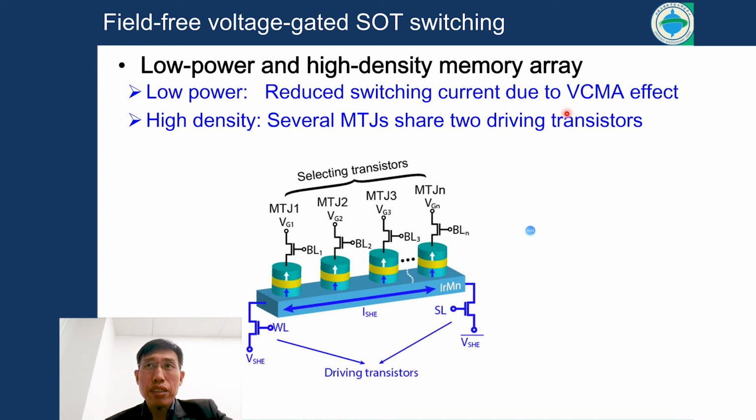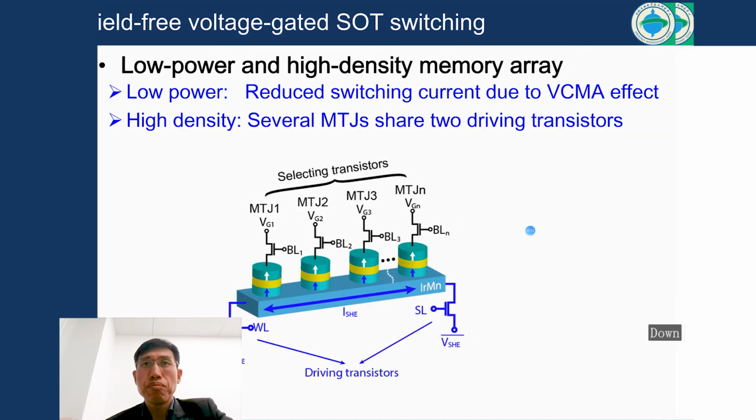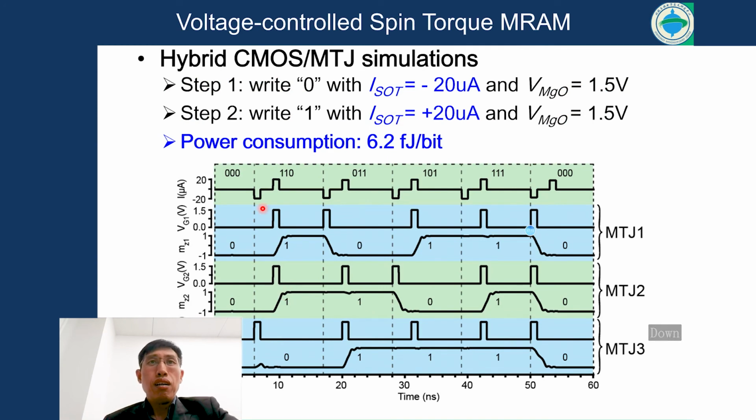Low power can be realized thanks to the voltage control, and high density can be obtained as several MTJs can share only 2 transistors. After that, we can perform circuit simulation, combining CMOS and MTJ. The power consumption is around 6 femtojoule per bit.